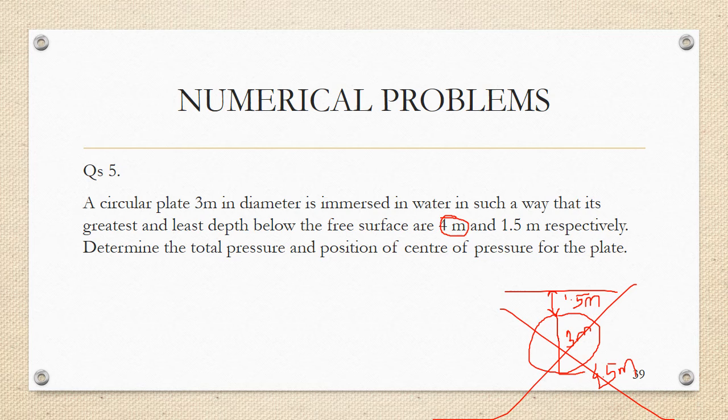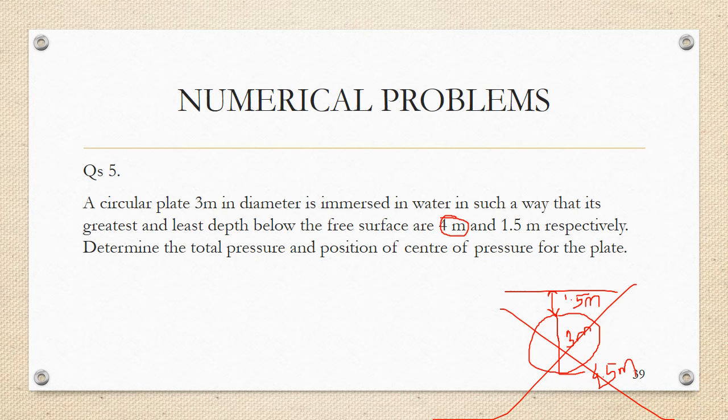It's said that the diameter of the plate is 3 meter and the greatest and least depth below the free surface are 4 meter and 1.5 meter respectively. So the top surface of the circular plate is 1.5 meter below the free surface. If the circular plate was indeed vertically submerged, the greatest depth should have been 1.5 meter plus 3 meter, which is 4.5 meter.